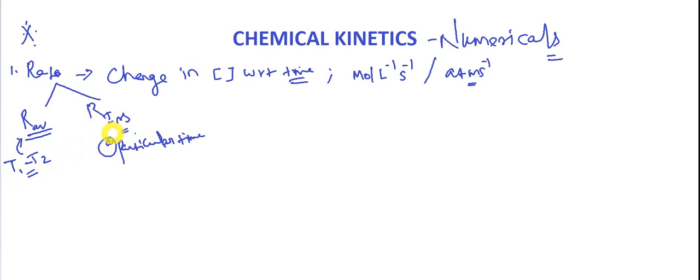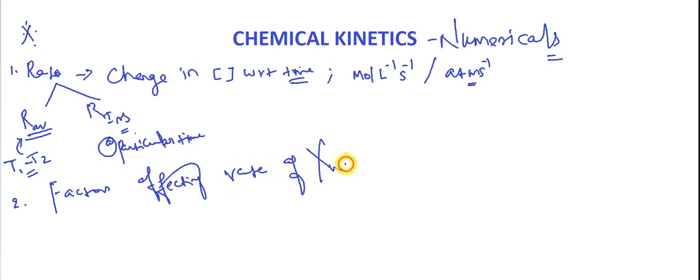Next, factors affecting the rate of the reaction. What are the factors we can list out? We can use the code CTC SC.